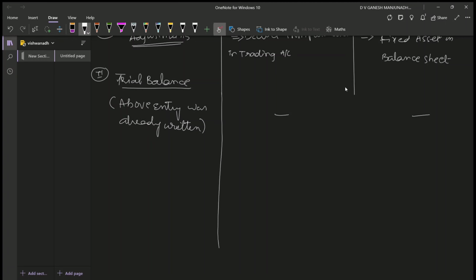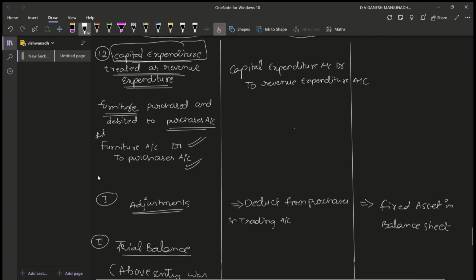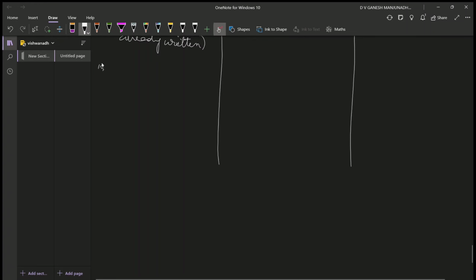So let us discuss one more adjustment, which is revenue expenditure treated as capital expenditure, the 13th entry. When it is done like this, what would we be doing?